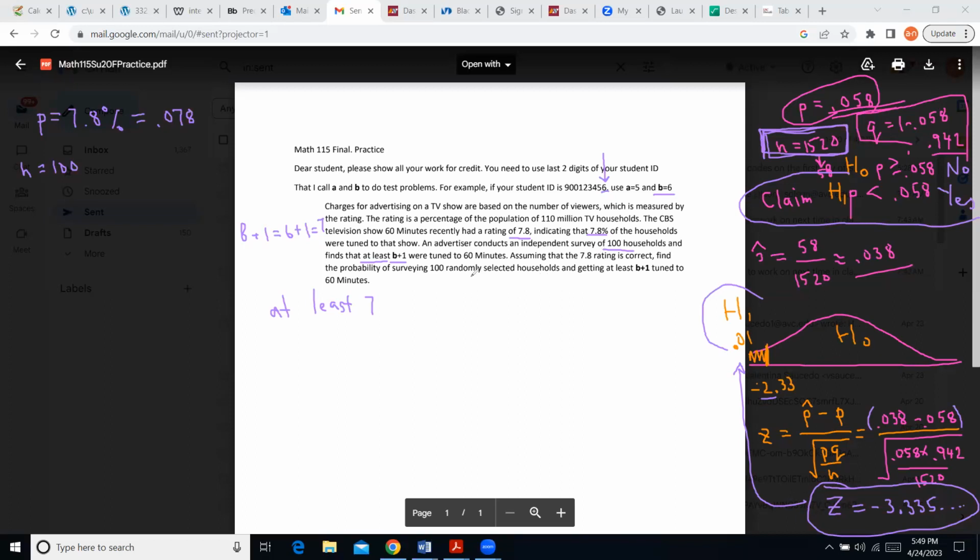So find the probability of getting at least 7 turned on. So that's what I have to find. Okay, so let's see how we used to find it. First of all, I utilize X, right? At least means it's not less. It has to be either greater than or equal to 7.